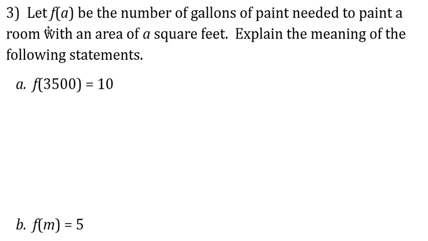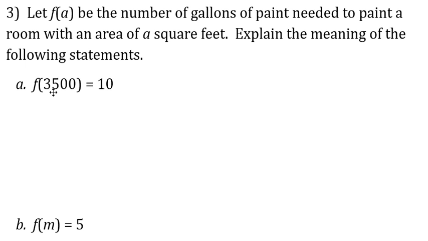Going back to what we know about function notation, let f of A be the number of gallons of paint needed to paint a room with an area of A square feet. So f of A is the number of gallons of paint needed, and A represents the square feet that you're painting.